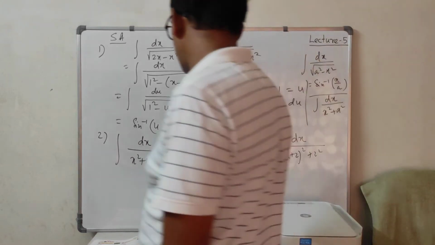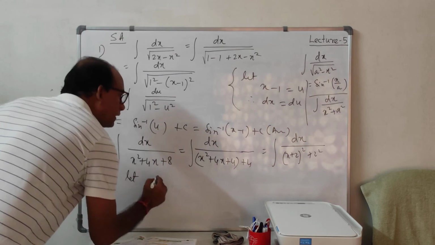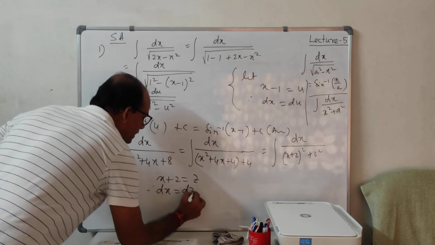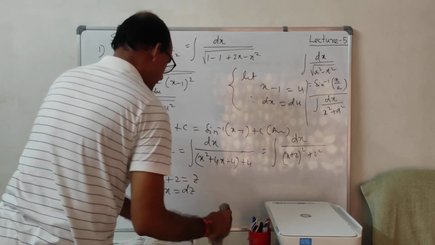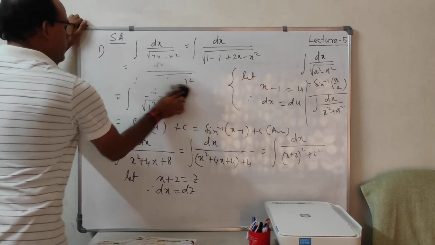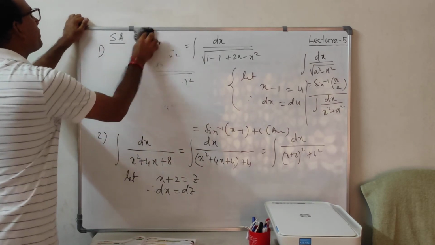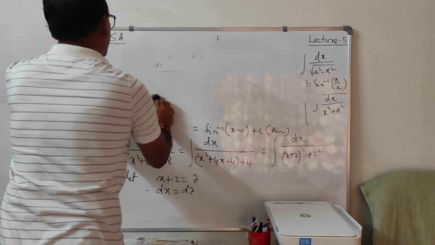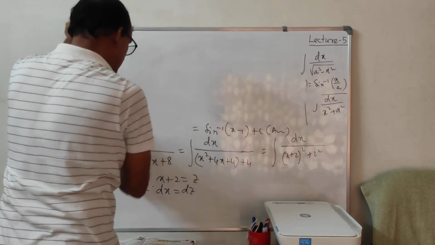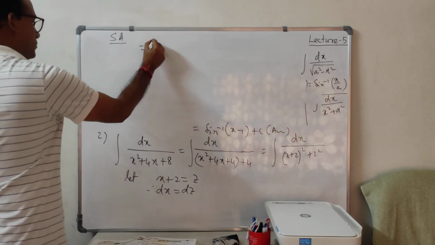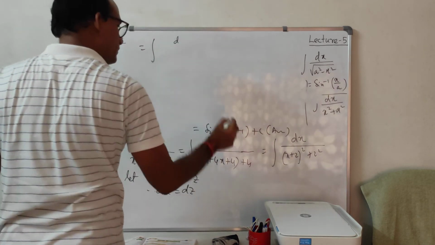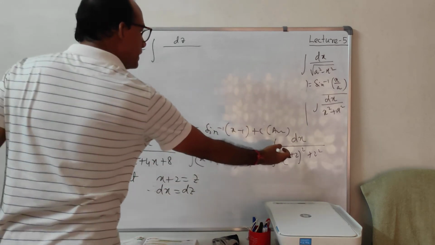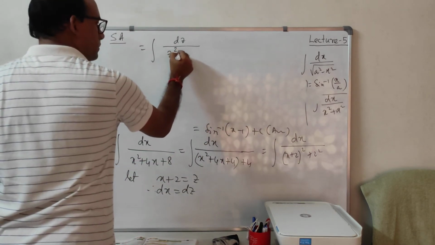So just take x plus 2 as z, therefore you will get dx equals to dz. So the integral is dz divided by, x plus 2 was z, that is z square plus 2 square.